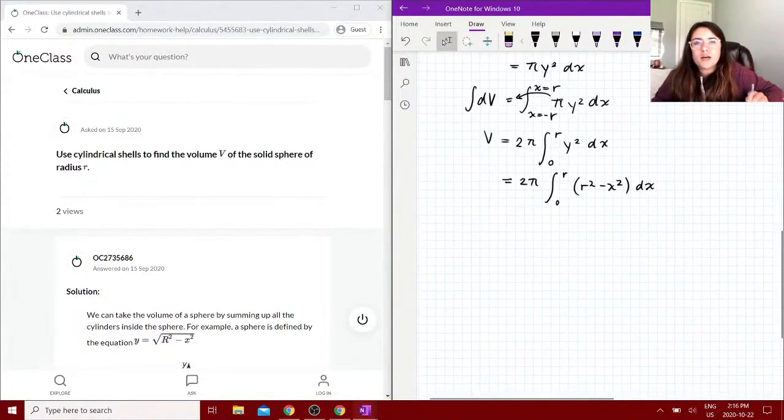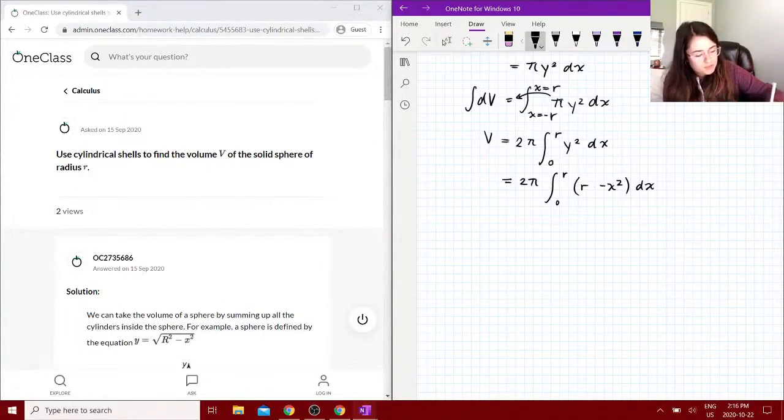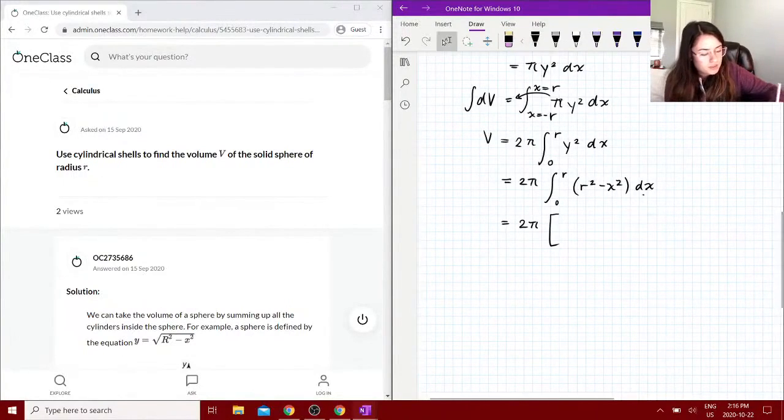Alright, so now we're on to integration. I'm going to be using a couple of integration rules that probably came up or you have learned before, right? Some things that you usually just have to memorize. So we're starting with r squared. So the integral of r squared, well, since it's with respect to x, I'm just going to separate it so that you can look at these two separately, okay?